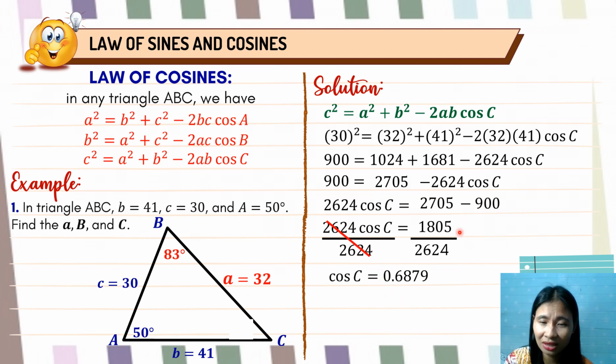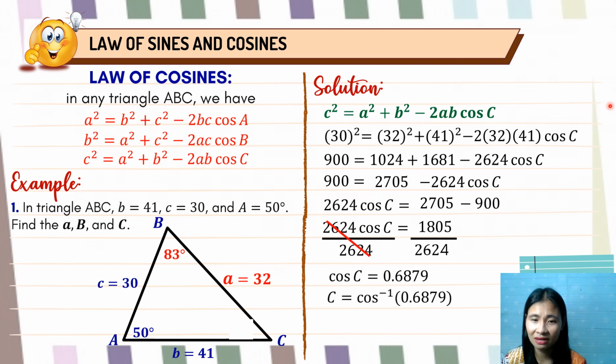So 1805 divided by 2624 gives you 0.6879.